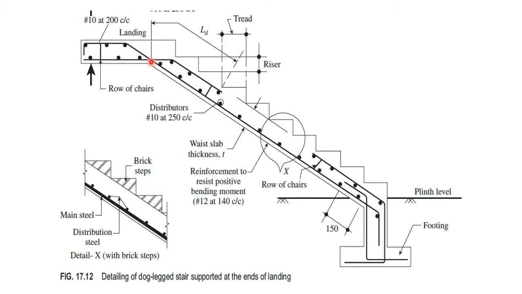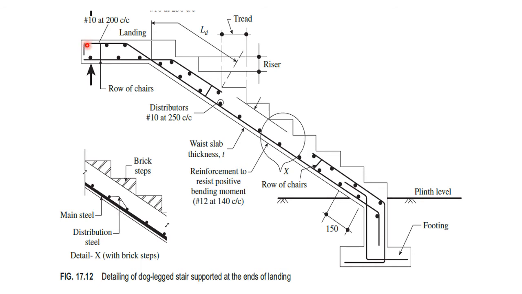Now once the staircase ends and we reach the landing, the main reinforcement of the waist slab which is provided at the bottom will be extended up to the top of the landing slab. So in the top of the landing slab it will be provided up to the end of the landing slab.